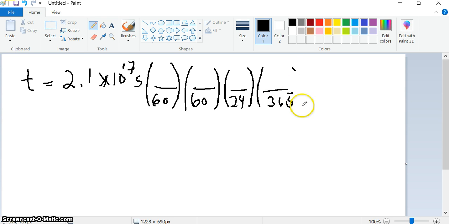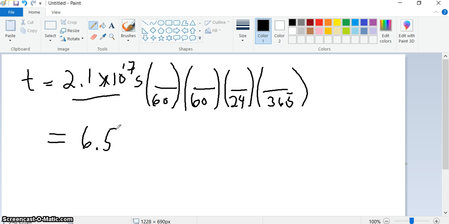I'm not going to write all these, but this is the basic idea. You divide 2.1 times 10 to the 17th by 60, by 60 again, by 24, by 365, and you get the number of years. That's converting seconds into years.